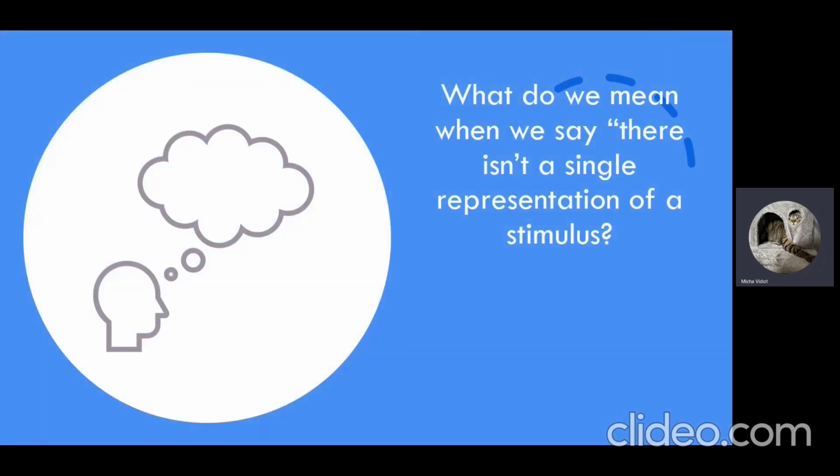There's a key phrase that you might hear used, where there isn't a single representation of a stimulus. Essentially it's saying that there are different receptors in your skin, for example, that detect different sensations, and they all project up to your cerebral cortex using different cortical columns within your brain.